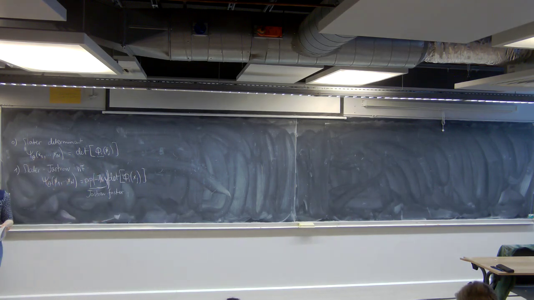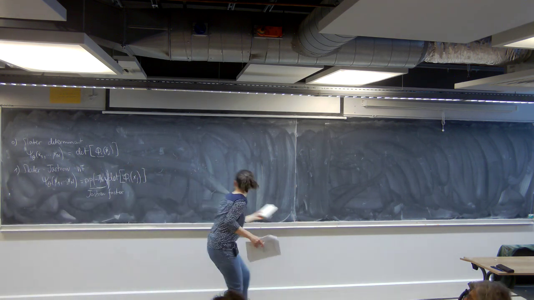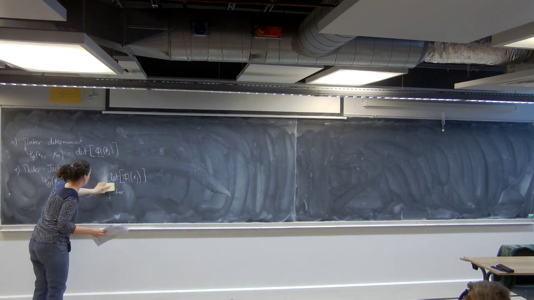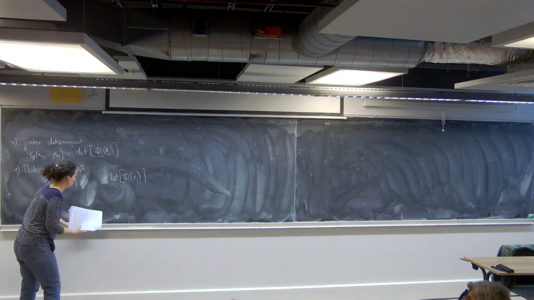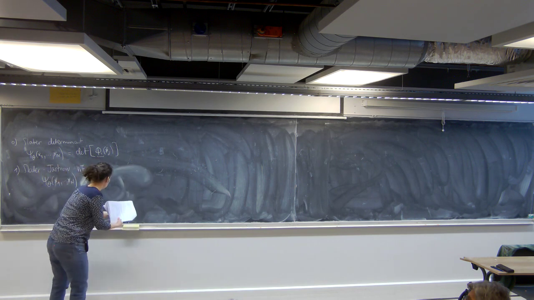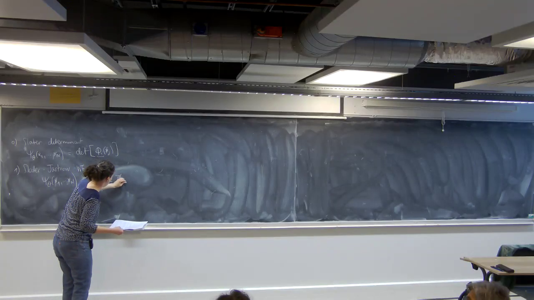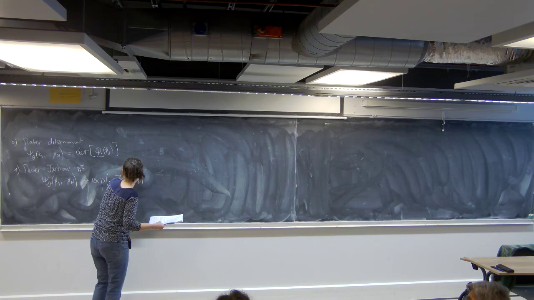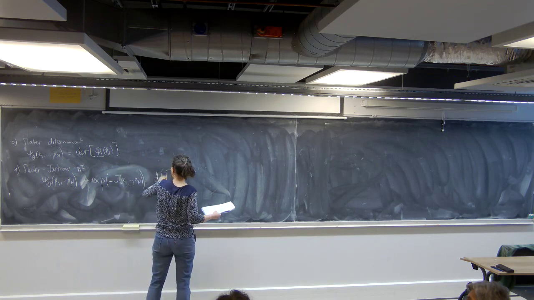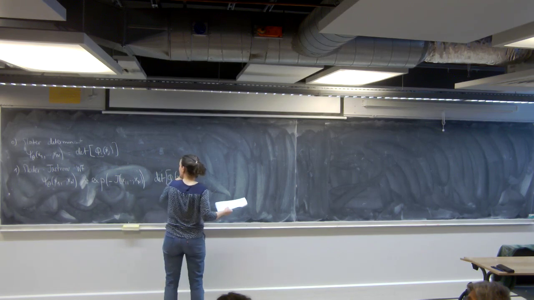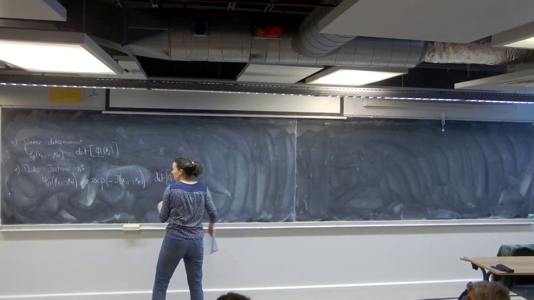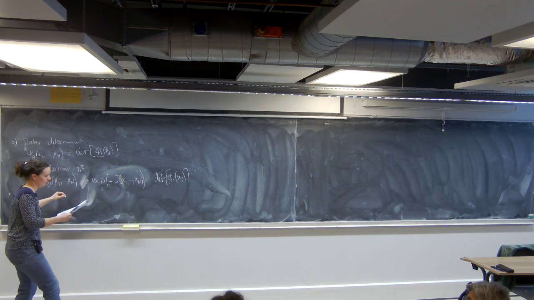This is something that is really quite old already. Sorry, I will write it again. So it's exponential of minus J of x_1 to x_n, times the determinant of phi_i of x_j.